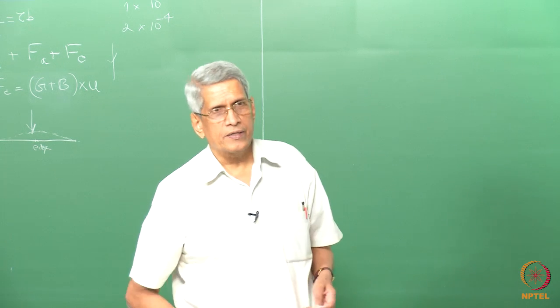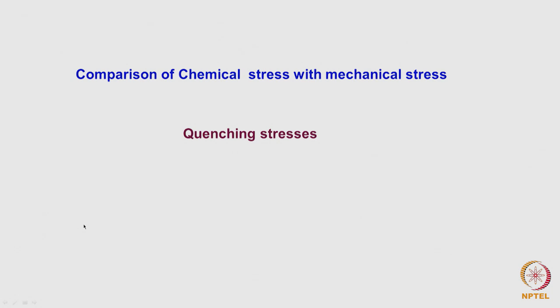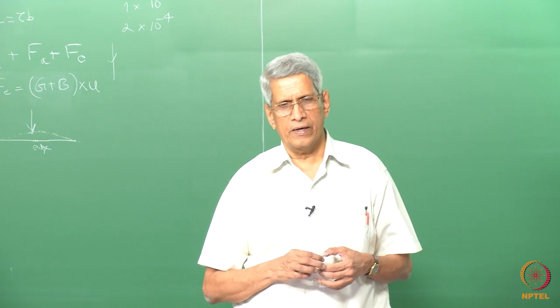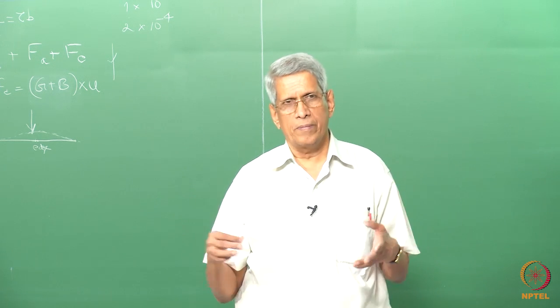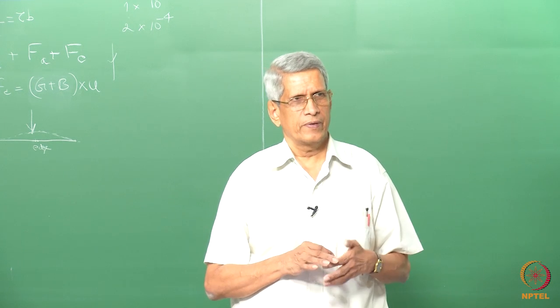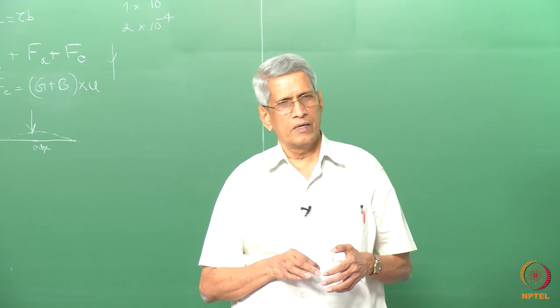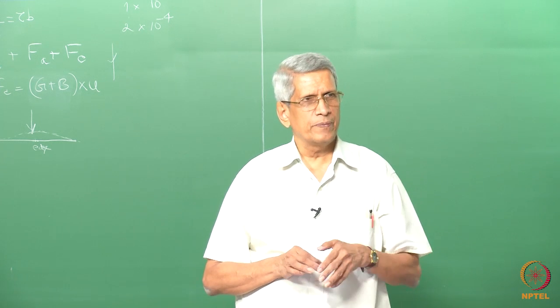This is what I called the quenching stresses. In fact, in most materials, the best example is if we take aluminium or copper, a very well annealed structure. We take it close to the melting point and then quench it.